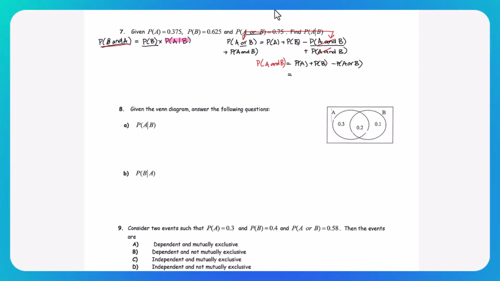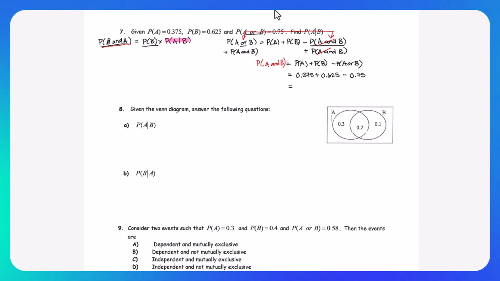So probability of A, they give it to us as 0.375, plus the probability of B is 0.625, minus the probability of A or B, which is 0.75.